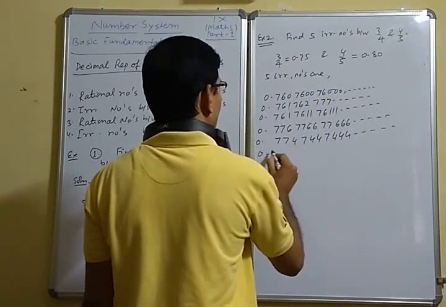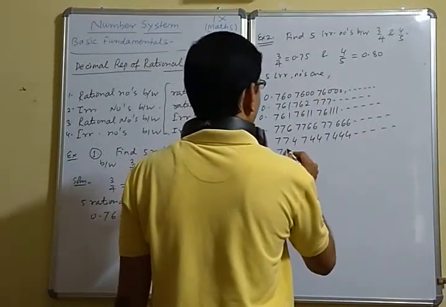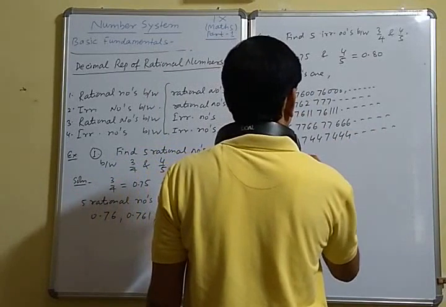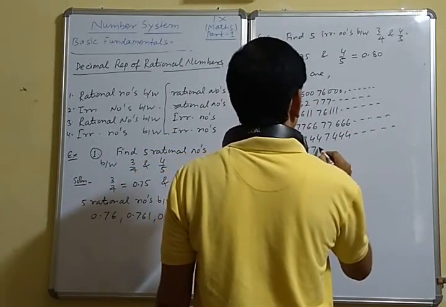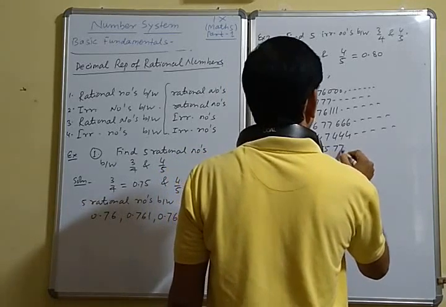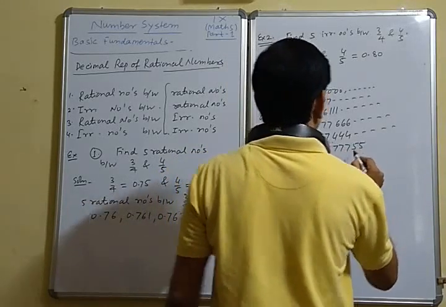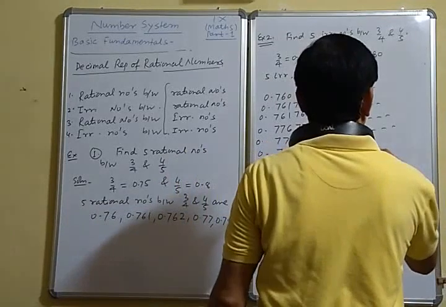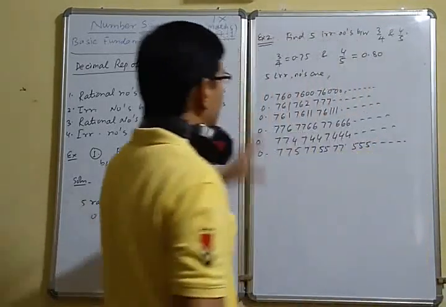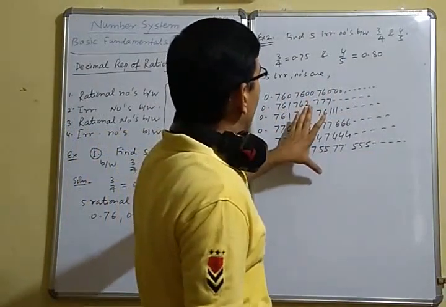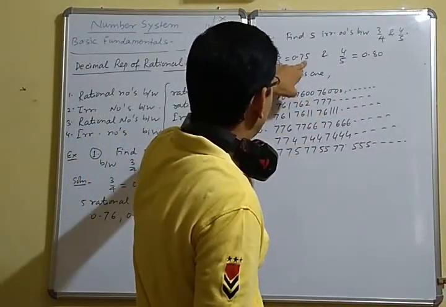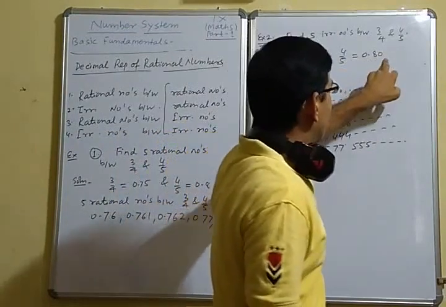One more number, 0.775, 0.7755, 0.77555, and so on. So we can insert infinite irrational numbers between 0.75 and 0.80.